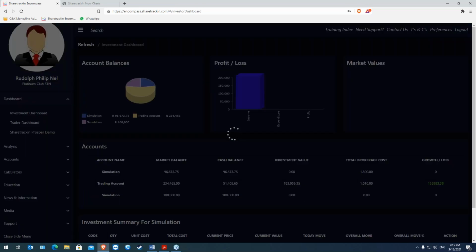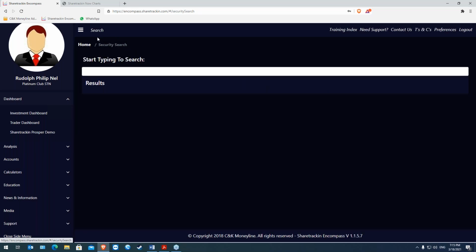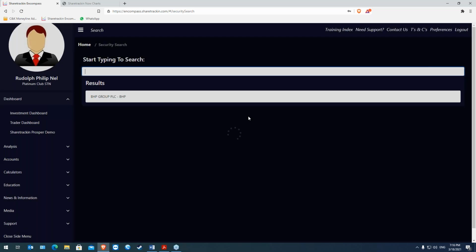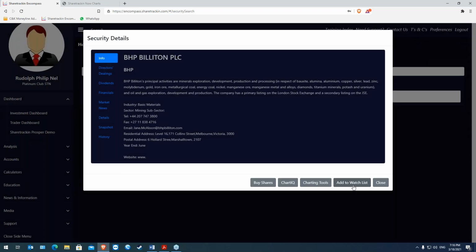You've got your SMS in front of you, you've got your phone open, you click on search at the top there, and you enter the result that you got off the SMS. I want to add BHP, for instance, from the 16th, on my watch list. I type in the code BHP and then click on the result that it gives me and then add to watch list.